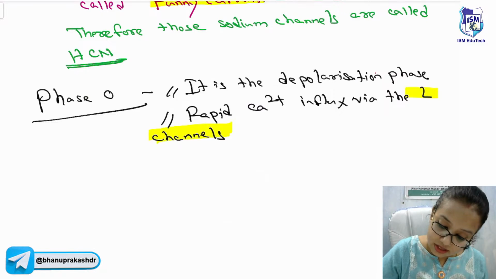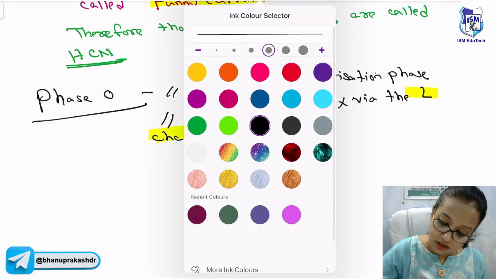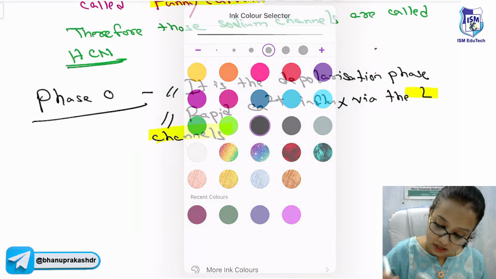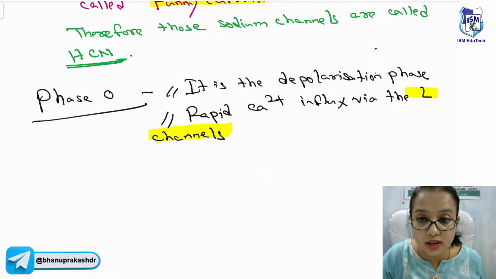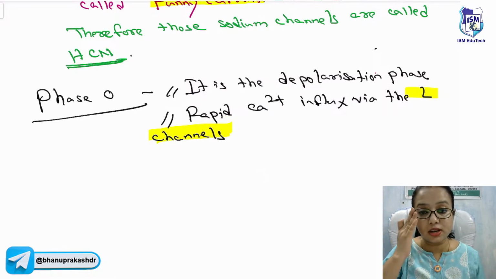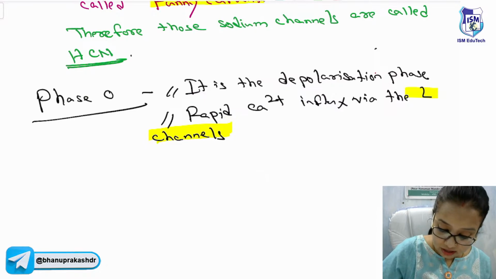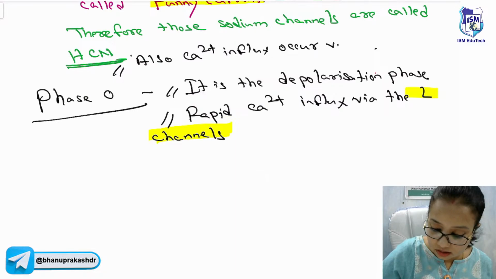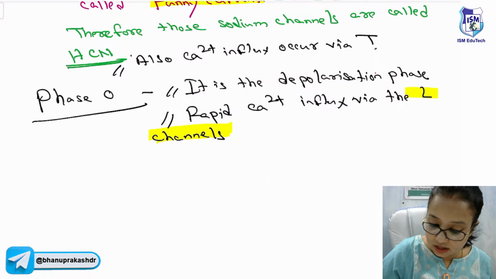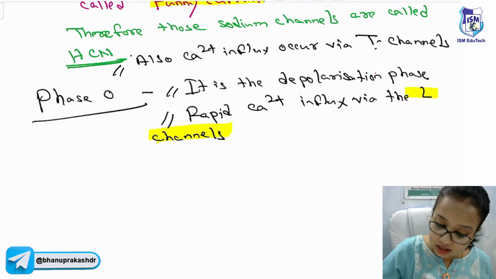Now, we have seen that there is a gradual rise in the resting membrane potential. This funny current generation alone is not enough for the depolarization firing to happen. Here, calcium influx also occurs via the transient or T channels.